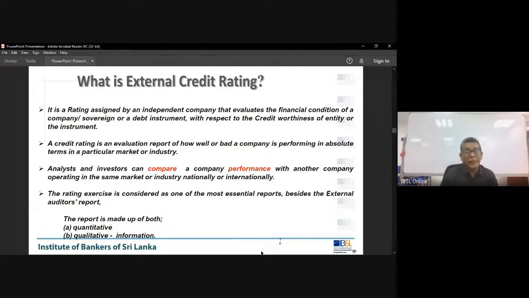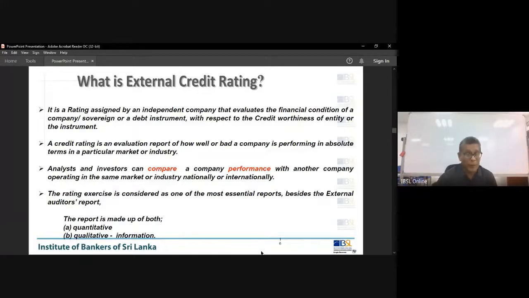Then a rating is assigned by an independent company that evaluates the financial condition of a company with regard to debt, and basically we talk about creditworthiness. The credit rating is also an evaluation report of how well or badly a particular company, or for that matter a country or instrument, is performing in a particular market or industry, right?